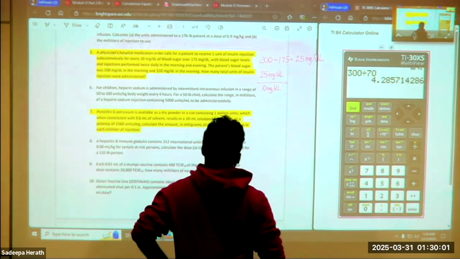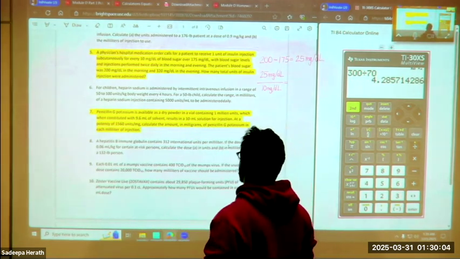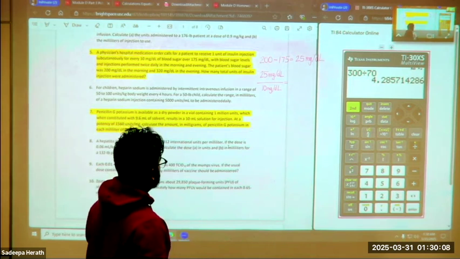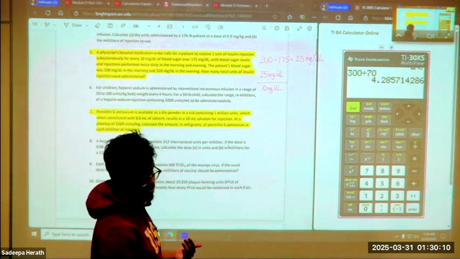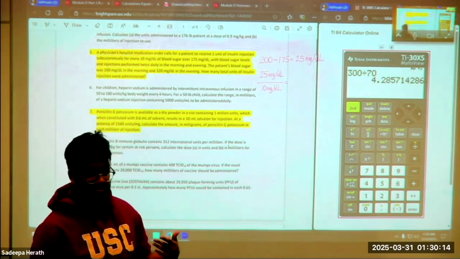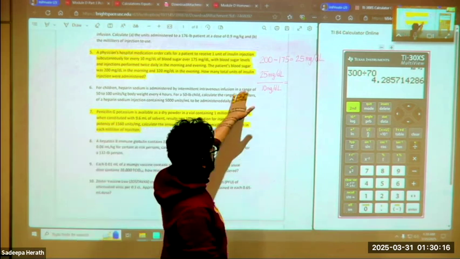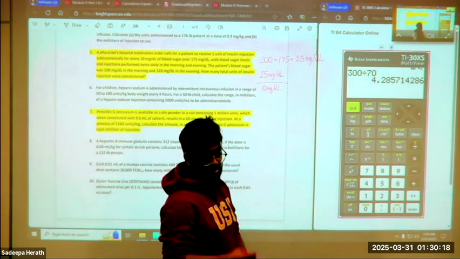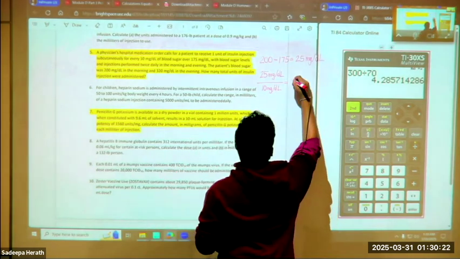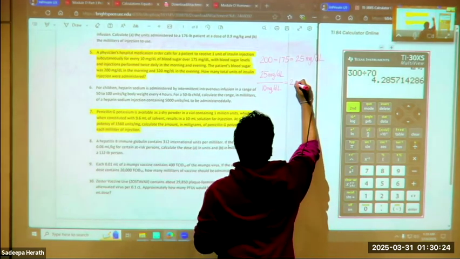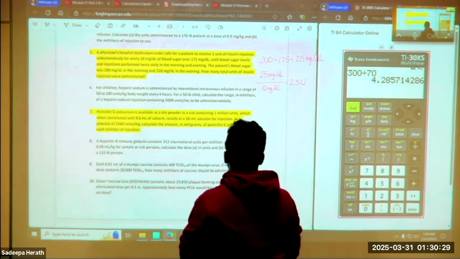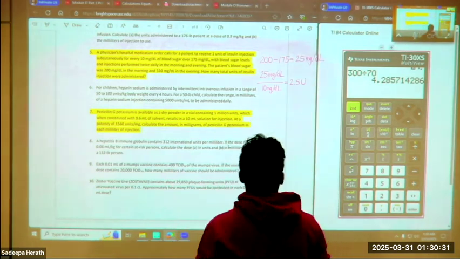We're trying to find out how many units would be administered per increase of 10 milligrams per deciliter that would reach an increase of 25 milligrams per deciliter. 25 divided by 10 is 2.5 units. So 2.5 units in the morning.